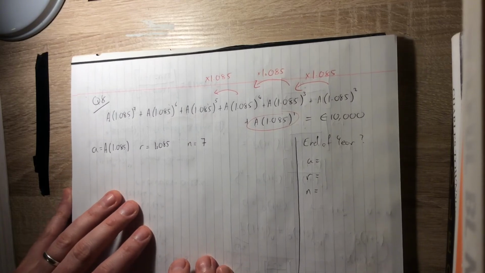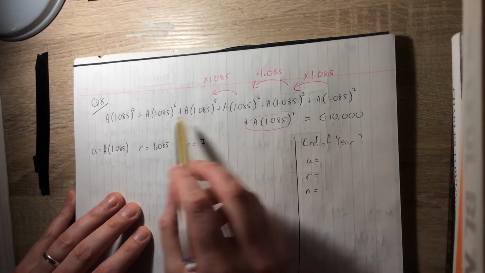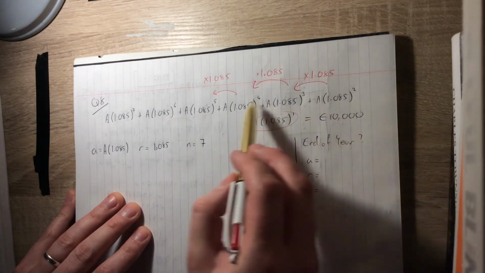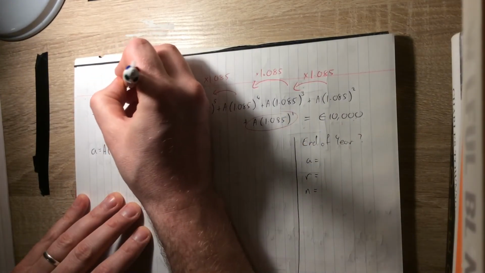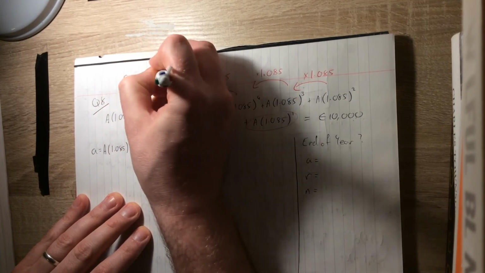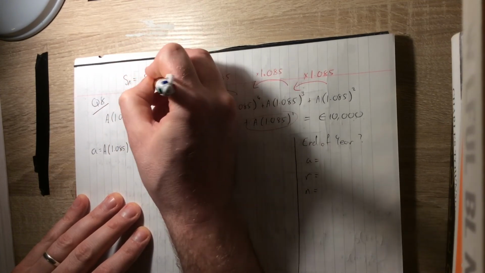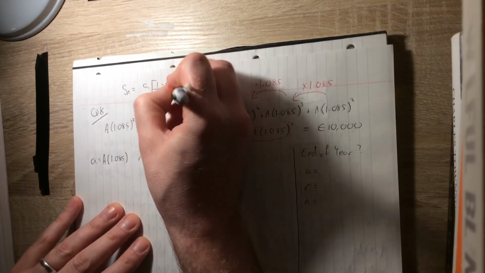Now, we need that all to add up to 10,000 euros. So the sum of this geometric series needs to be 10,000 euros. And we know our formula for the sum of a geometric series is a times 1 minus r to the n, all over 1 minus r.